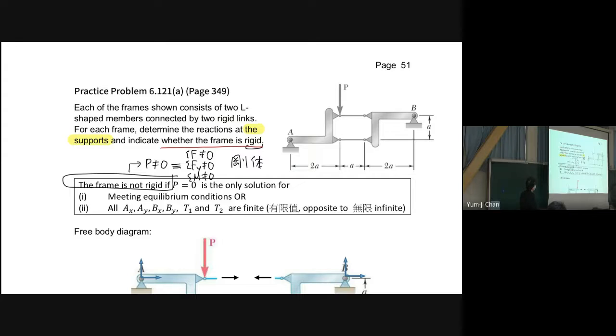If P does not equal 0 and any of these three holds, the frame is not rigid. The second thing is, if the frame is not rigid, if P is not equal to 0, either these 6 terms are infinite.